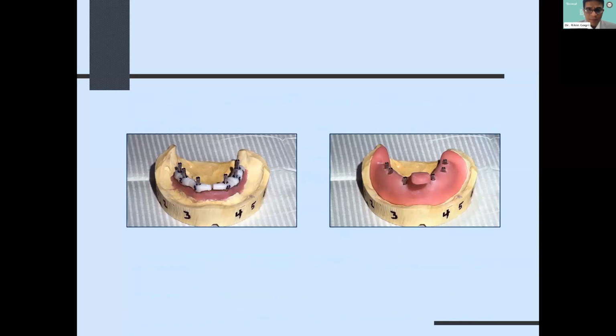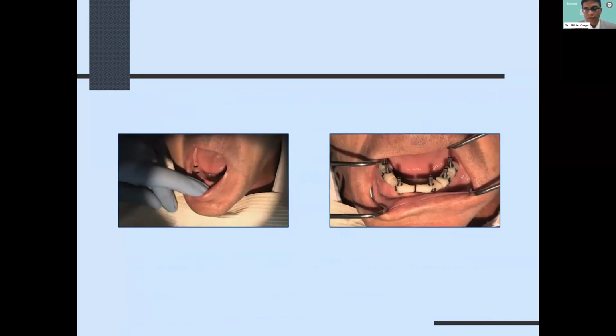So this is how a master cast with multiple implants looks. A lot of times we ask the lab to make this kind of impression copings, so we send it, and this is how they send us the impression copings with a custom tray. You place it in your patient's mouth.